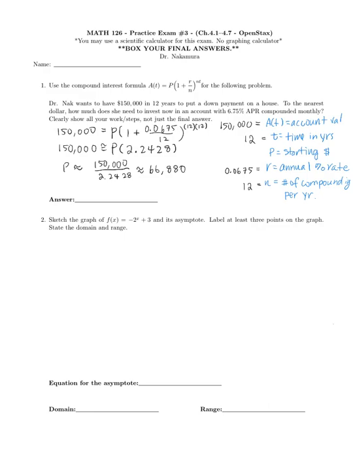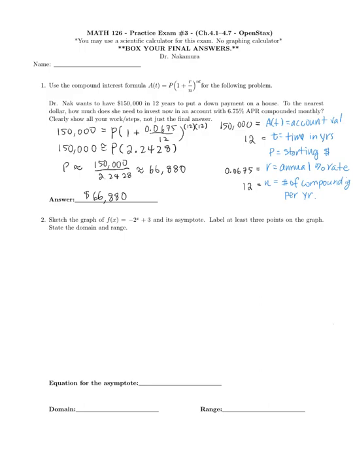So it looks like I need to put down $66,880. You gotta be kidding me. I don't have that much money. Maybe $6.88, I have it in my bank account maybe. But anyways, our answer is going to be 66,880.